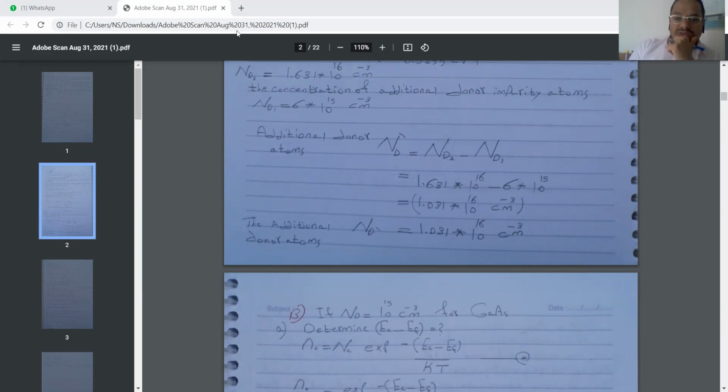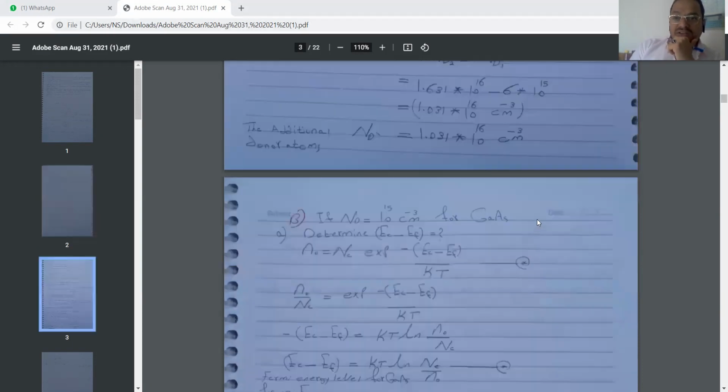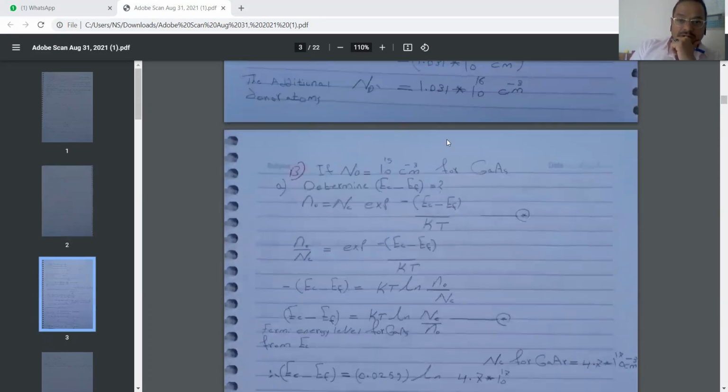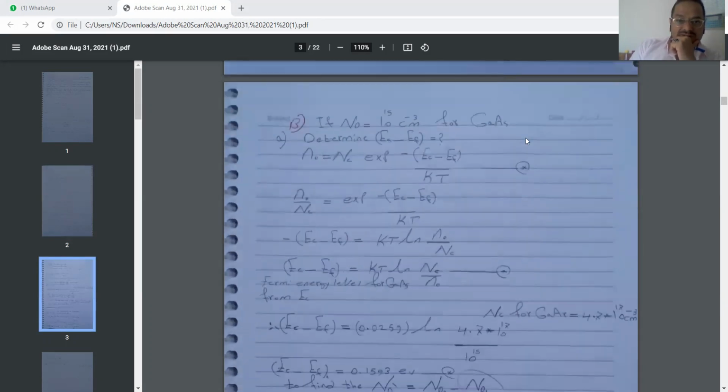Now here we will be dealing with germanium arsenide. The author told us to repeat all of that, but by dealing with germanium arsenide at the same room temperature. That means we will start by calculating the difference between the Fermi energy level and the conduction band.